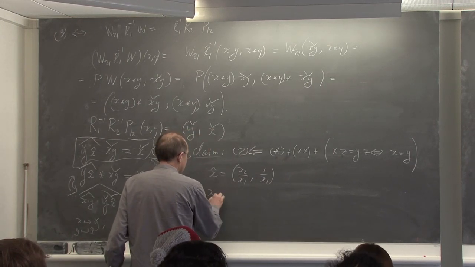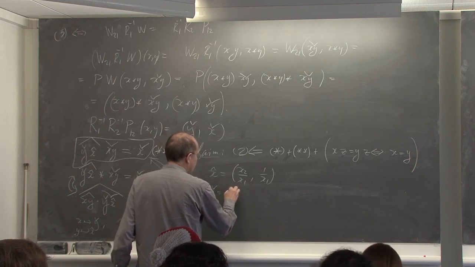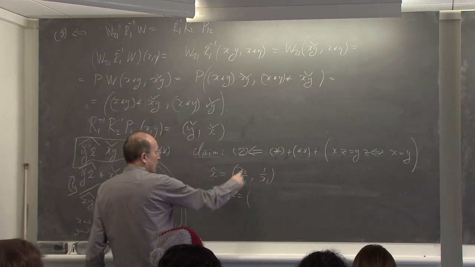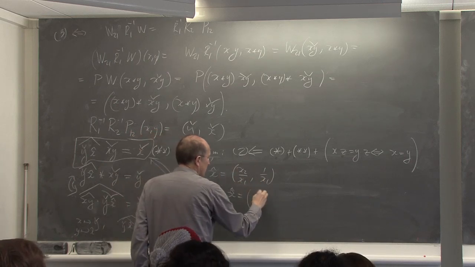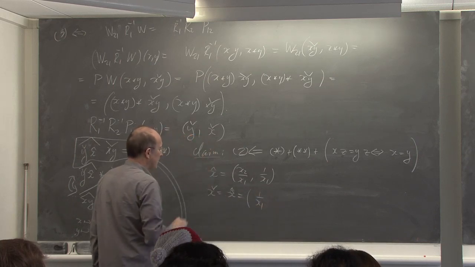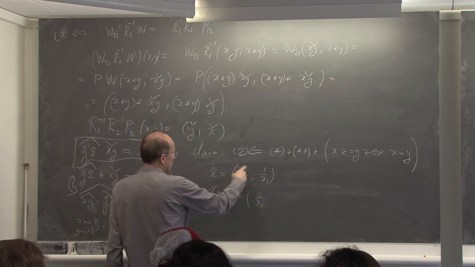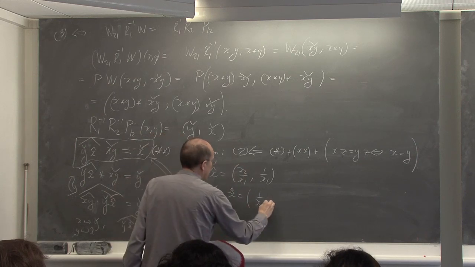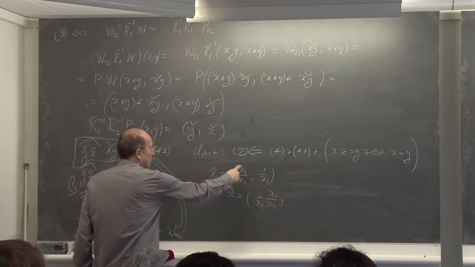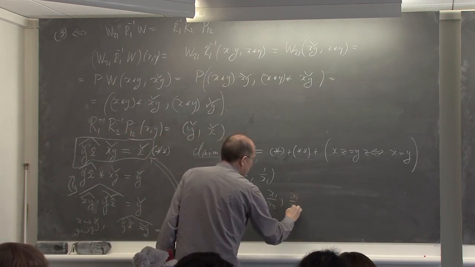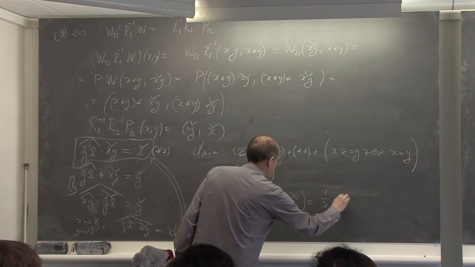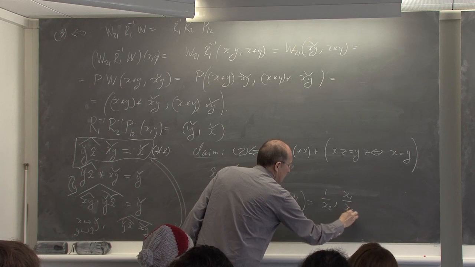So what is x check? This is a x double hat. So I have to apply one more hat to here. So it is a x2, 1 over x1, divided by x1. So divided by this, x2, x1, comma, inverse of x1, x1 over x2. So this is the check: 1 over x2, x1 over x2.